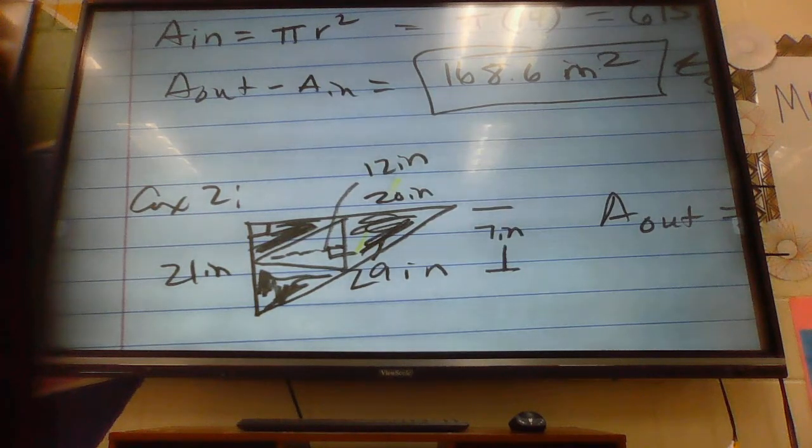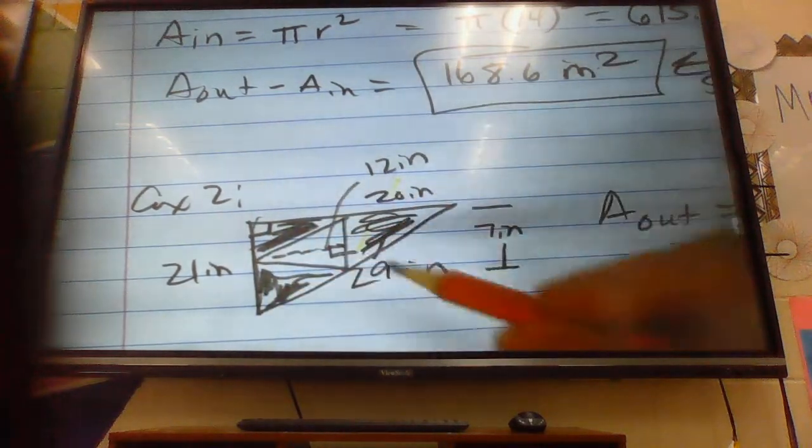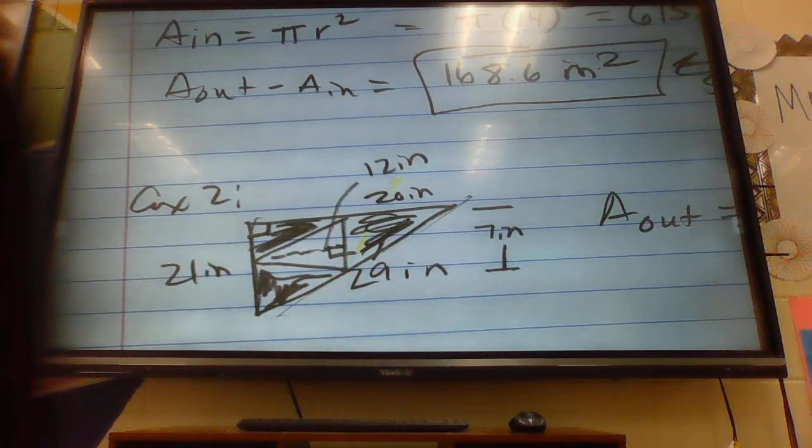Alex. 29. Okay, Alex says 21 and 29. Raise your hand if you agree with him. That's how to find area of our big triangle. Okay, good, because he's wrong.